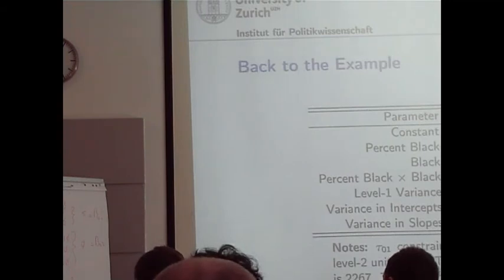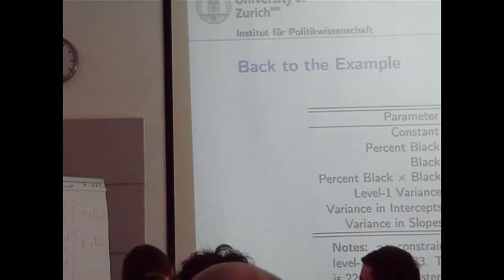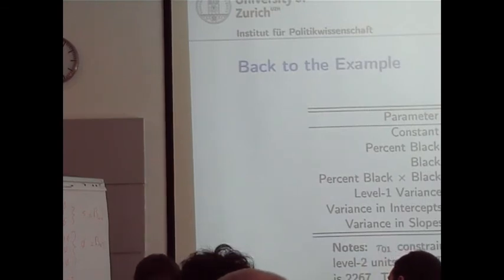But if I think that whites and blacks behave differently depending on the percentage of blacks, then I would introduce it through this cross-level interaction. Does that make sense? I mean, that's just theoretical thinking. You can also say, well, maybe it produces a better fitting model, but that should be a secondary consideration.